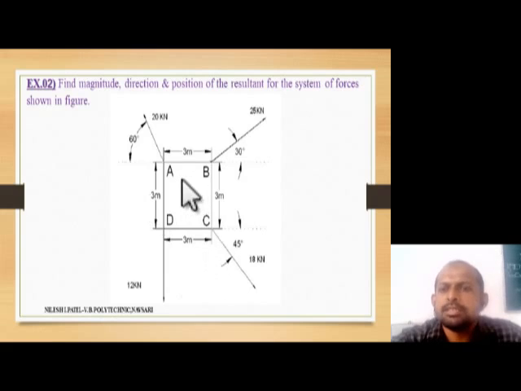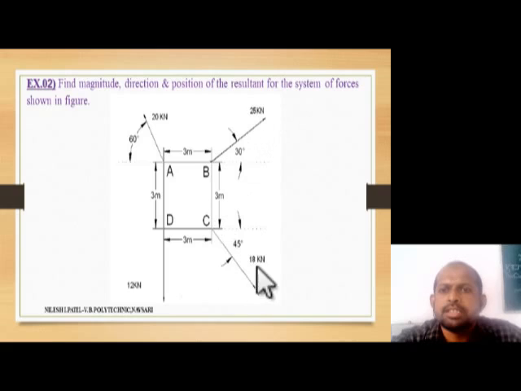In this square, at point A one force is exerted, which is 20 kilonewton, inclined at 60 degrees to the horizontal. In the same way, another force at point B is 25 kilonewton.